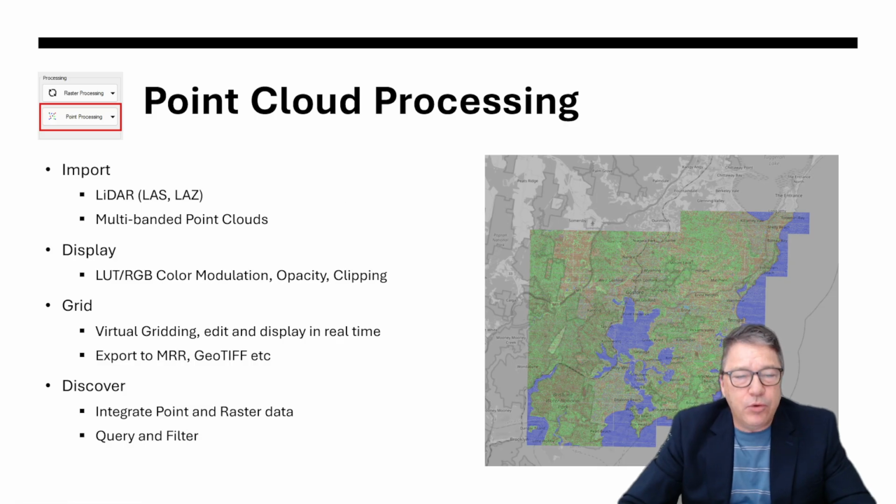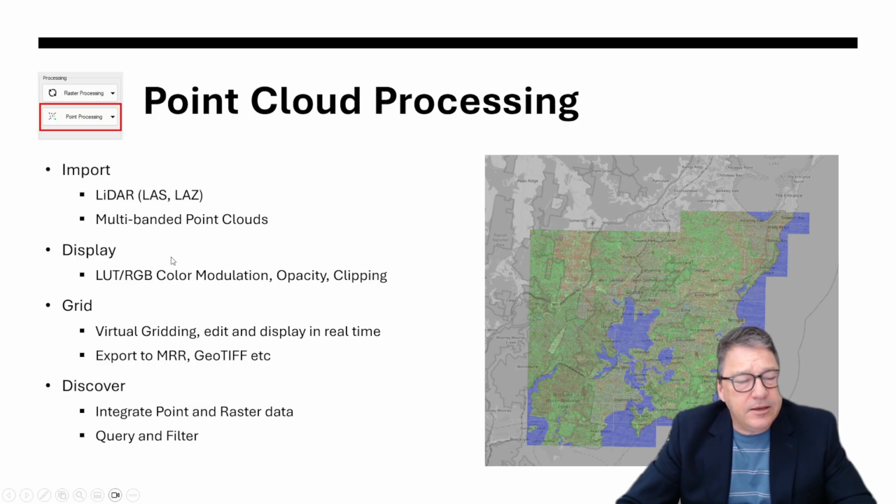Firstly, there's an import capability, and we support 2 different kinds of data: LiDAR data coming from LAS and LAZ files, and then general multi-banded point data, which can come from any source. Then we can display that point data.